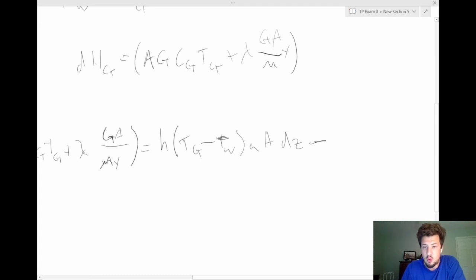And then we account for the evaporation right here, going through that specific area.